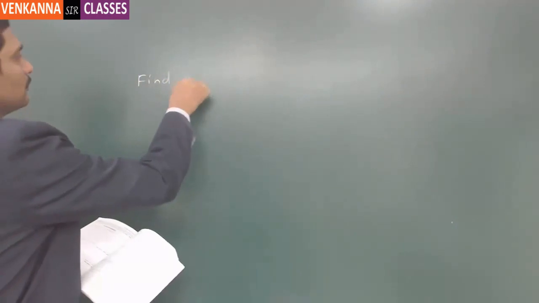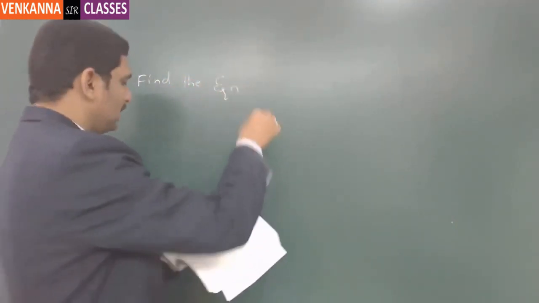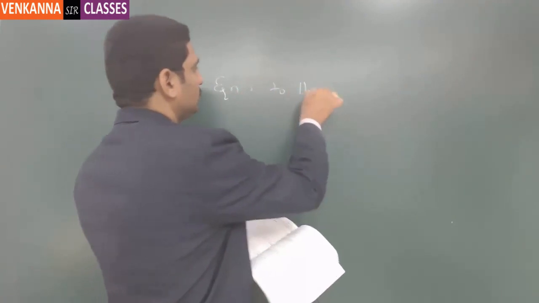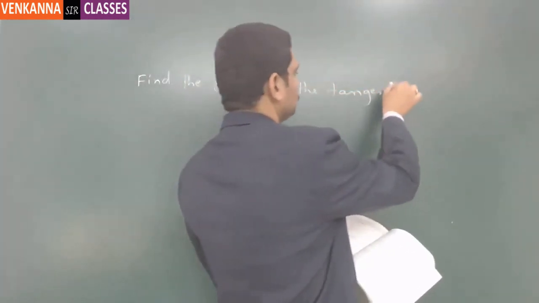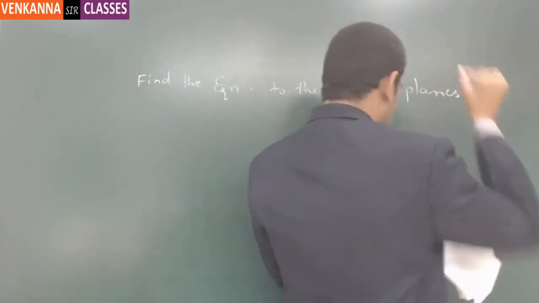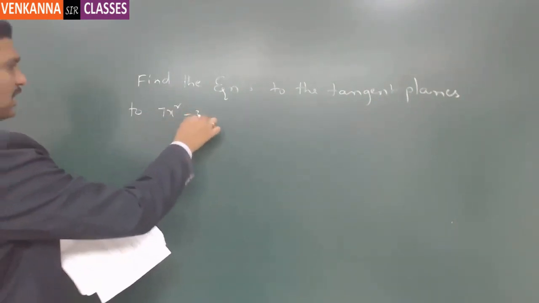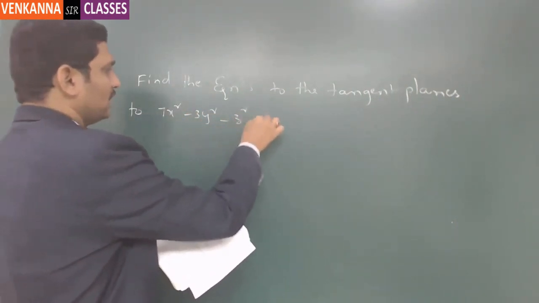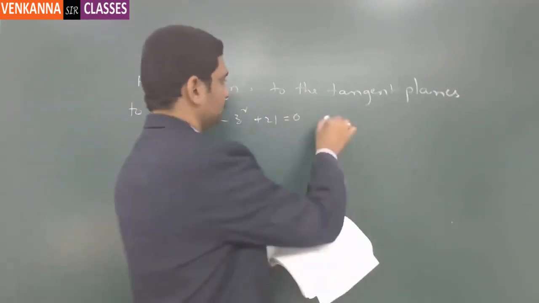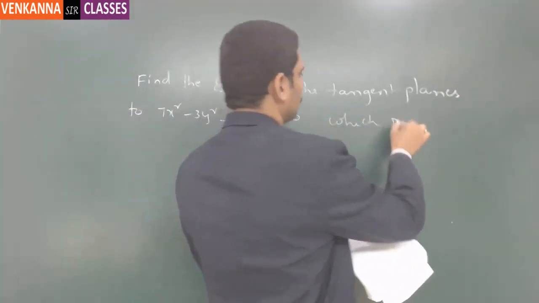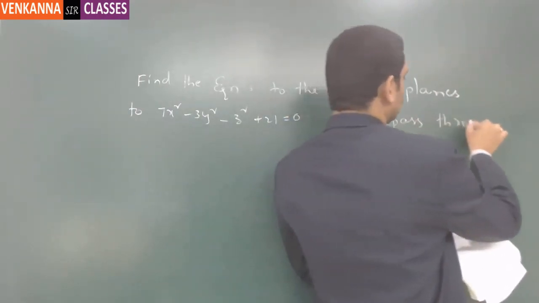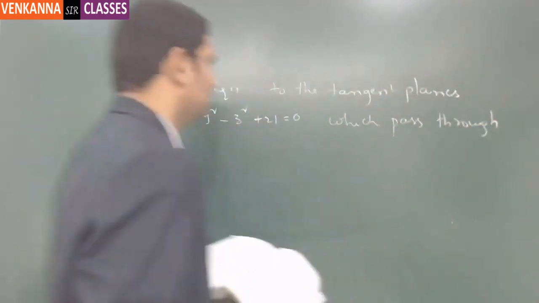So this is the problem. Find the equations to the tangent planes to 7x square minus 3y square minus z square plus 21 equal to 0, which pass through the line.